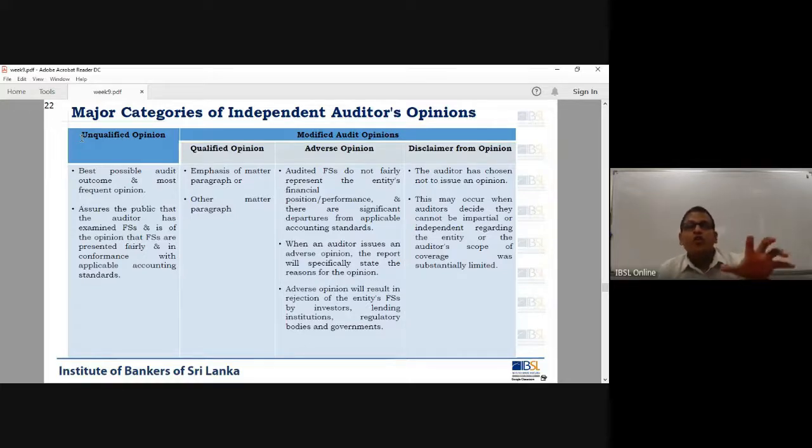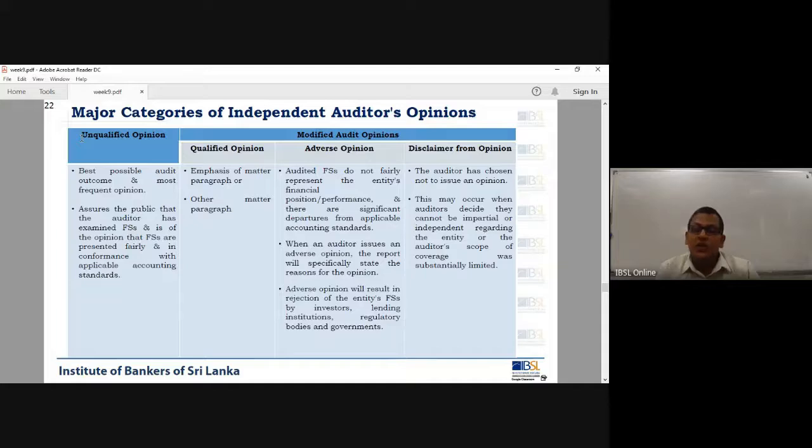So they just emphasize a particular paragraph and give the audit opinion. For the adverse opinion, the audited financial statements do not fairly represent the entity's financial position and performance, and there are significant departures from the applicable accounting standards. Adverse opinion.